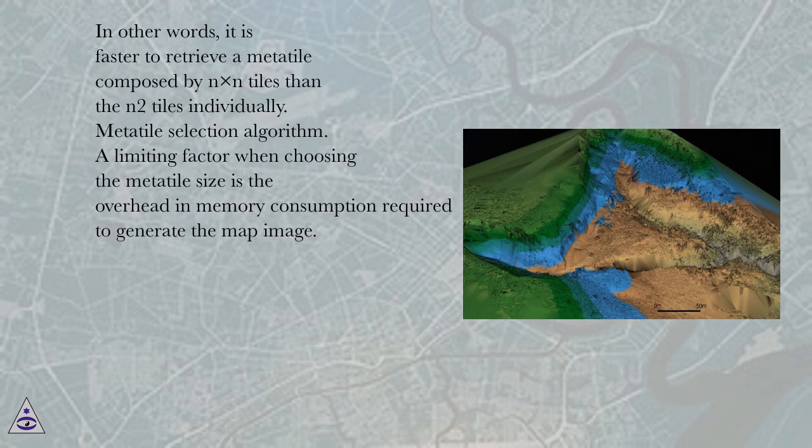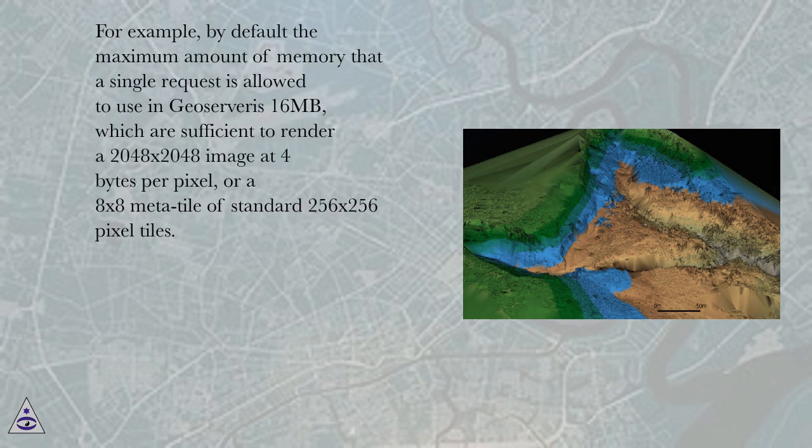Metatile selection algorithm. A limiting factor when choosing the metatile size is the overhead and memory consumption required to generate the map image. For example, by default the maximum amount of memory that a single request is allowed to use in GeoServer is 16 MB, which is sufficient to render a 2048 by 2048 image at 4 bytes per pixel, or an 8 by 8 metatile of standard 256 by 256 pixel tiles.